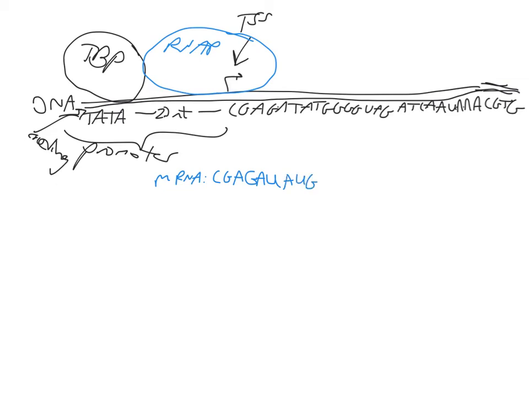AUG G. Oh, that should have been a T. I could change the UAG U. AUAA. And then that should have been a T. ATA. So AAUAAAA CGUG.